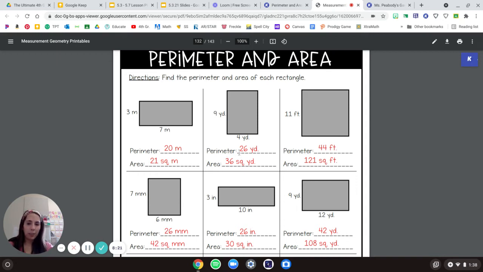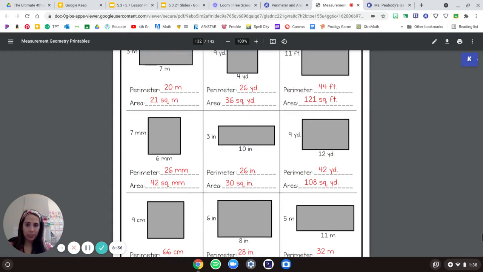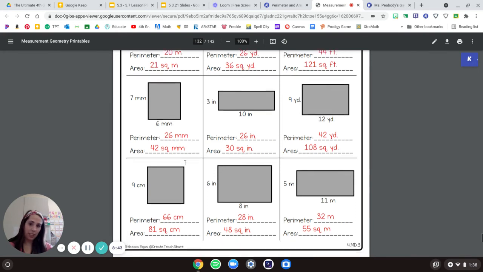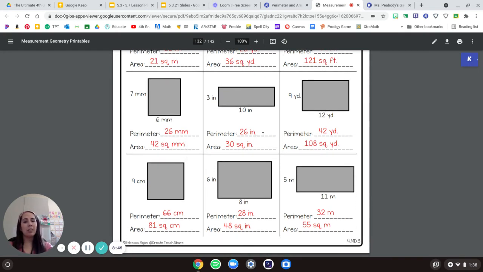Then perimeter, we should have found 26 yards and 36 square yards or yards squared. 44 feet for this one, and then 121 feet squared for this one, for the area. In the middle, we should have had 26 millimeters and then 42 square millimeters. This one, 26 inches for the perimeter, and our area was 30 inches squared or square inches.